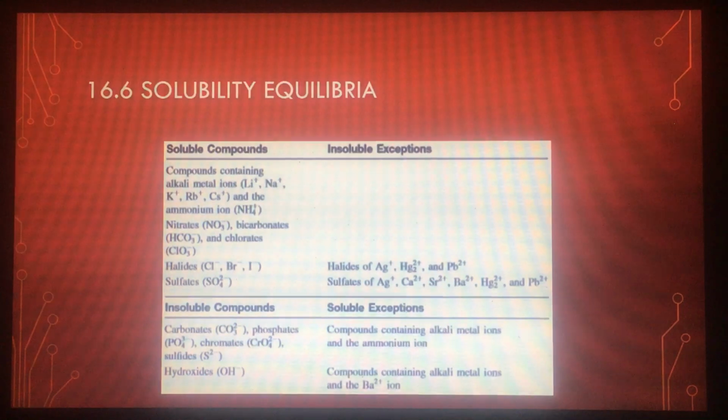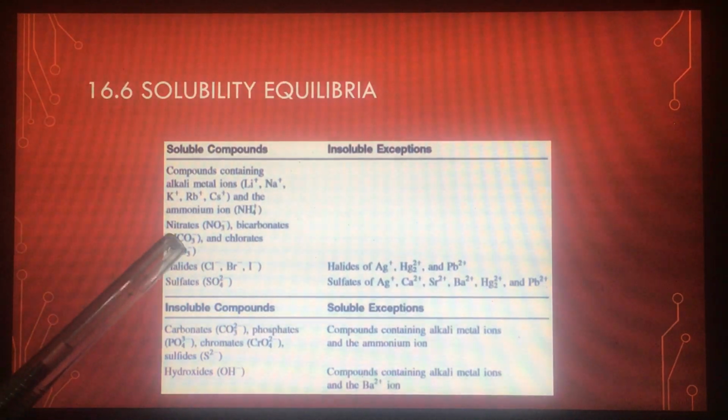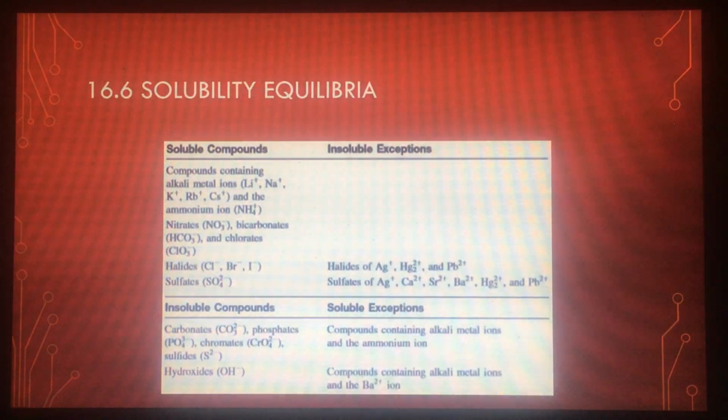For example, we have sodium chloride, sodium sulfate, ammonium chloride, potassium sulfate, lithium nitrate, and cesium nitrite. So they are soluble, as well as the nitrates, bicarbonates, and chlorates. For example, we have sodium nitrate, sodium bicarbonate, sodium chlorate. They are soluble.